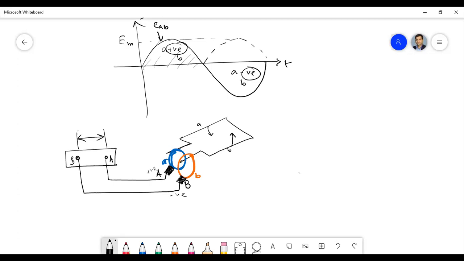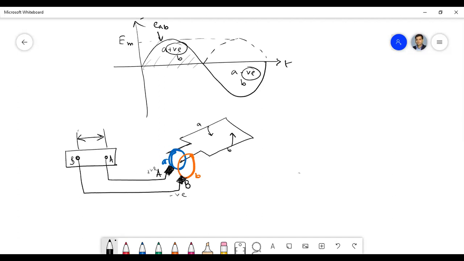Don't confuse. Current is a different thing. Here I am not discussing the current, I am discussing the voltage only. There will be no current at all because the terminals are open. The circuit is incomplete. The current will not flow. I am asking about the voltage.